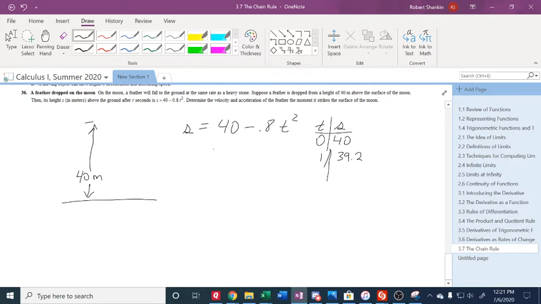Eventually, it's going to come down to s equals 0. At the point when s equals 0, the equation doesn't apply anymore. The feather has hit the surface. So it just applies till that point. And we're going to determine the velocity. That's the derivative. And acceleration.